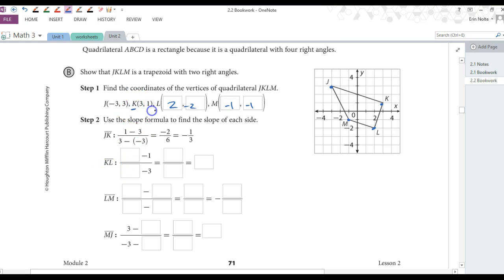From K to L, we're going to go -2 minus 1 for the y, and the x is positive 2 minus 3. If you subtract, that gives you -3 on top. On the bottom, you get -1, and that would give us a total of 3. The slope of that one is 3.